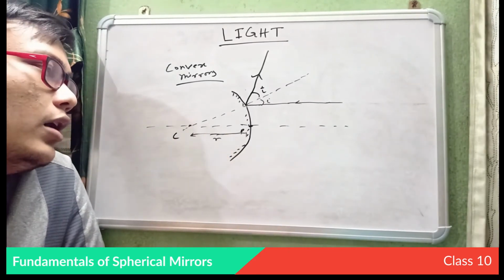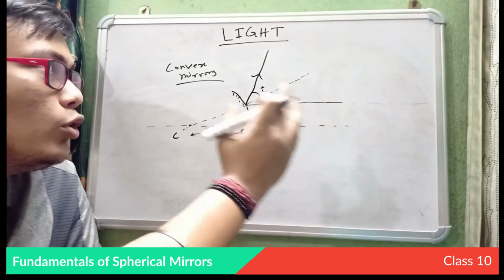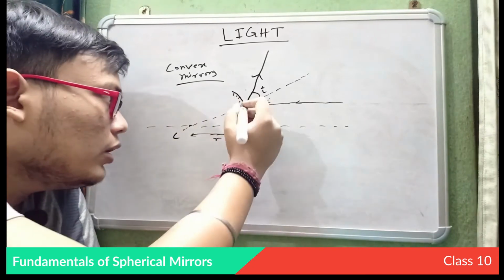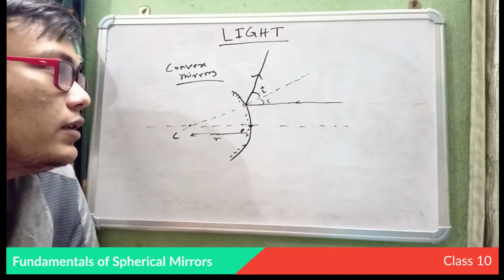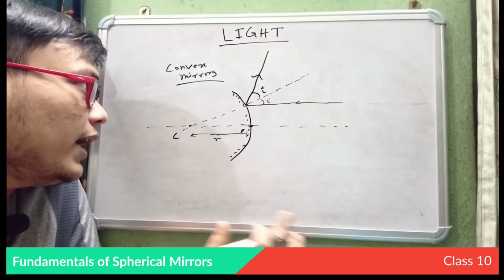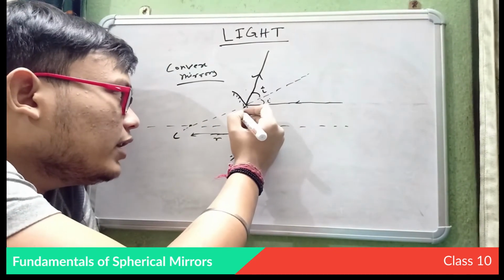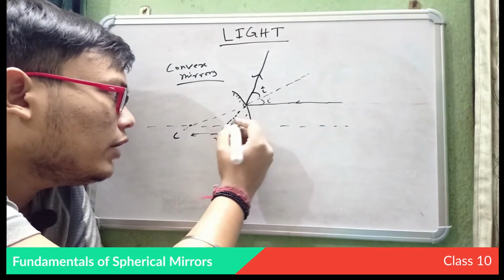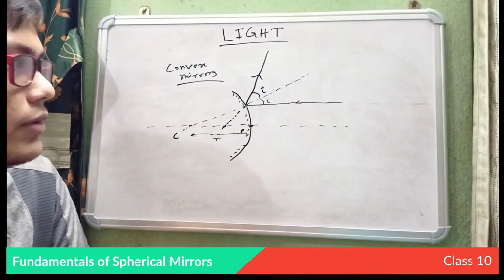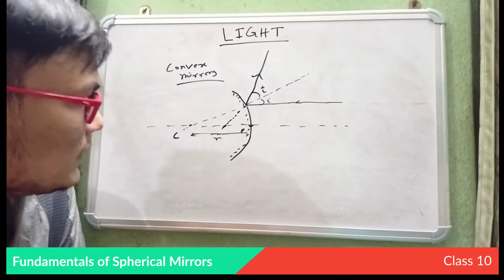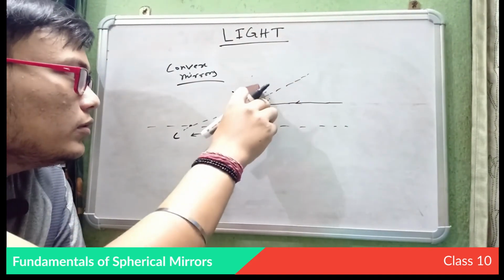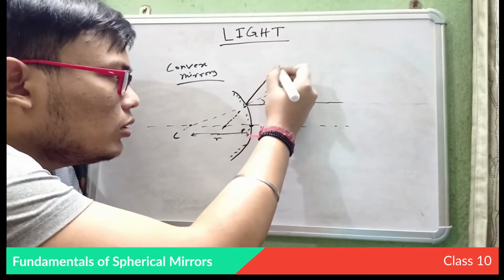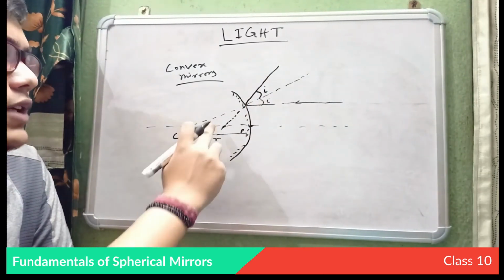So in the case of convex mirrors, you can see that the ray is diverging, so we have to extend that ray backwards. If we extend that ray backwards, it will coincide somewhere around here. Okay, sorry, I made a mistake, I guess. Yeah, so it will coincide somewhere around here.